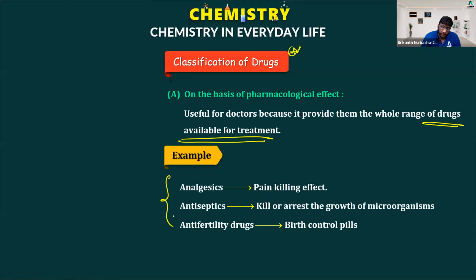Analgesics have a pain-killing effect, antiseptics kill or arrest the growth of microorganisms, and anti-fertility drugs are birth control pills. If we classify all the drugs by every category, it will be useful for a doctor to suggest a particular drug or medicine to the respective patients. So this is useful for the doctors, and the name itself is pharmacological effect: based on the respective classification, analgesics, antiseptics, anti-fertility, what drugs are available.